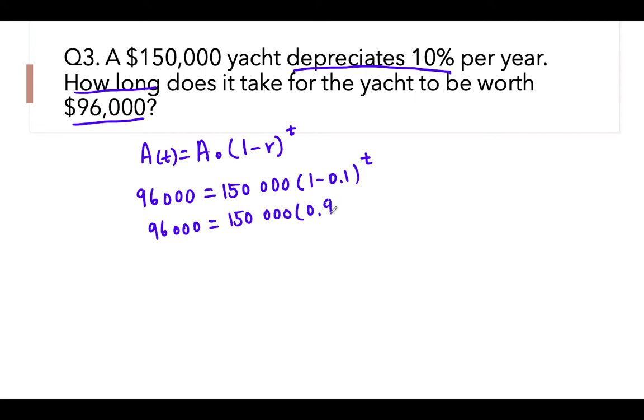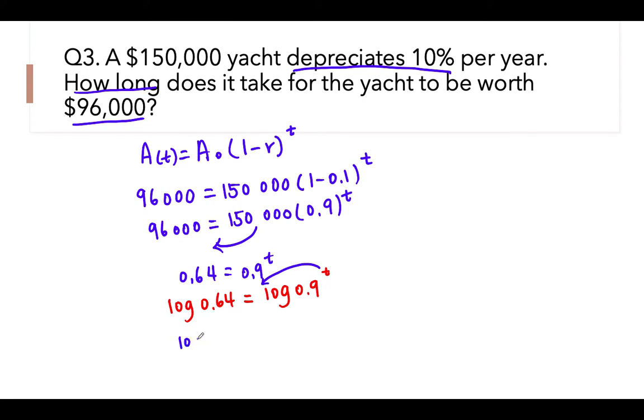So I could simplify this, which is 0.9 to the t. So I'm going to move this to the other side, divide it. So it's going to be 0.64 equals 0.9 to the t. Now you will notice that it's hard to equate it. So what I'm going to do is take the log of both sides. Log 0.64 equals log 0.9 to the t. Then I'm going to bring t to the front. So log 0.64 equals t log 0.9.